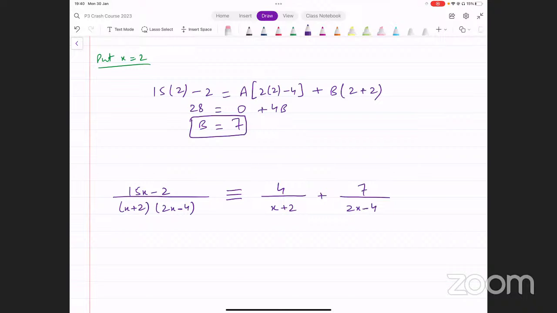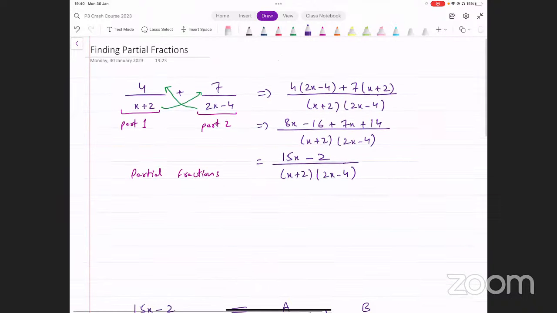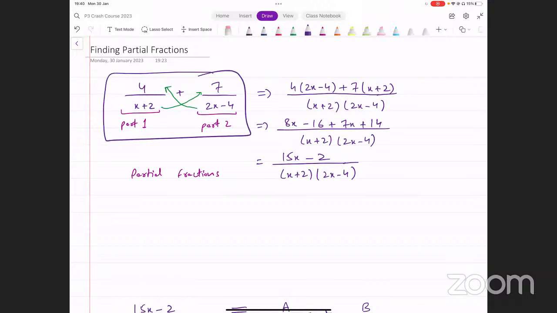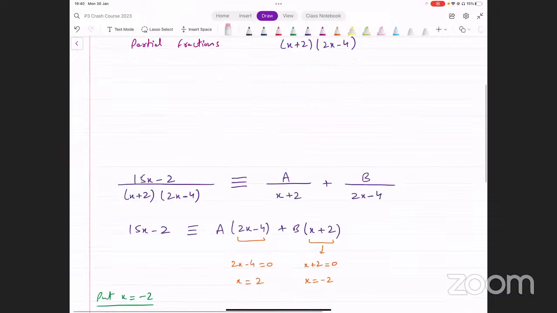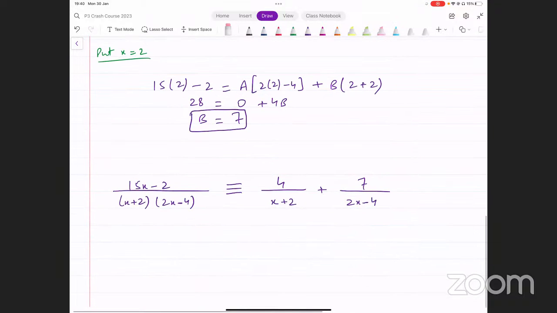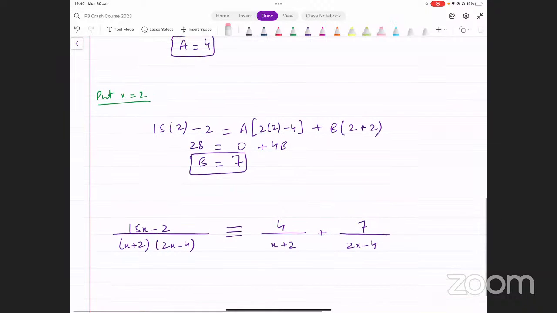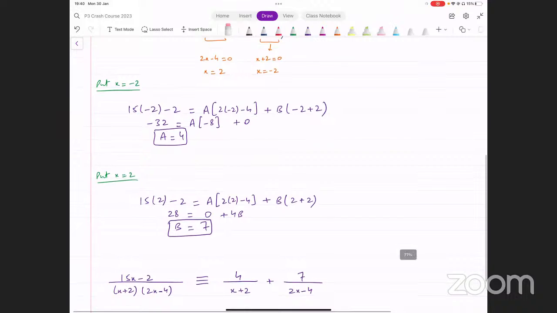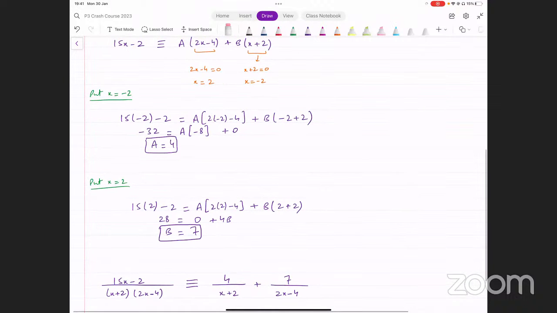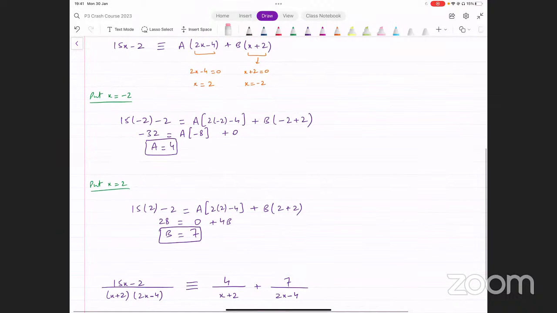And if you remember, this is exactly what we started from. We had these two fractions, 4 over x plus 2 plus 7 over 2x minus 4. We took LCM and we got to this. And now using this partial fractions process, we got those two fractions back, 4 over x plus 2 and 7 over 2x minus 4. So this is how you can find partial fractions of a fraction.